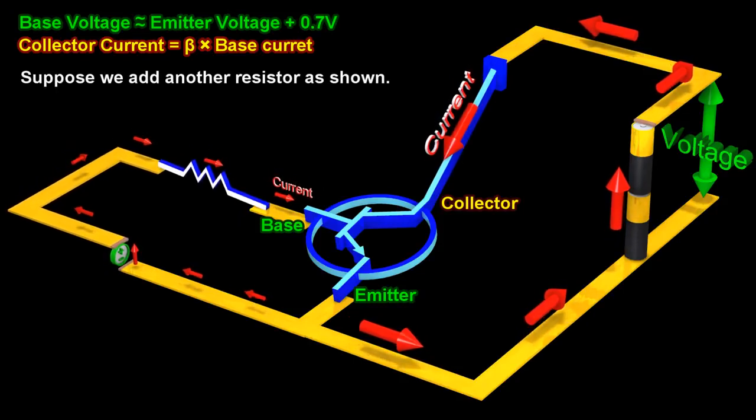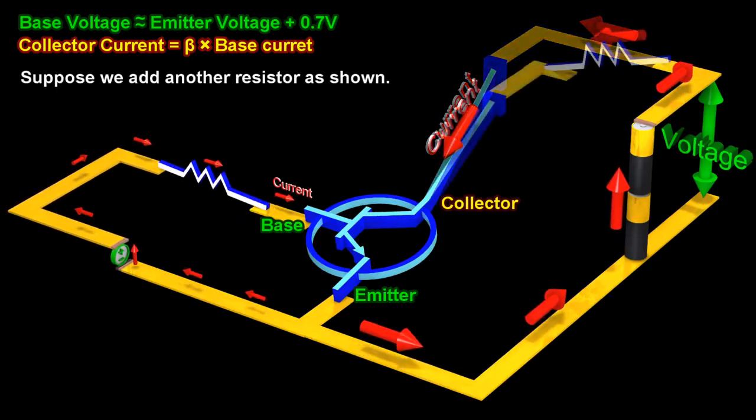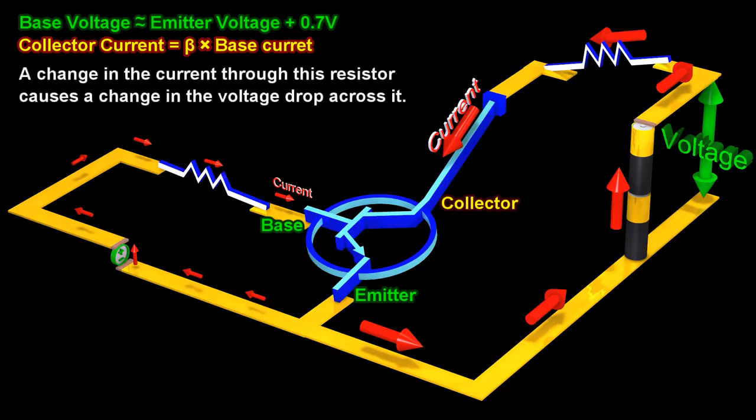Suppose we add another resistor as shown. A change in the current through this resistor causes a change in the voltage drop across it.